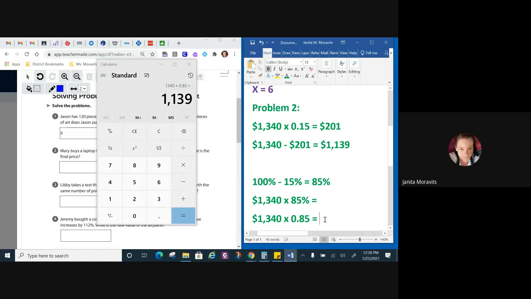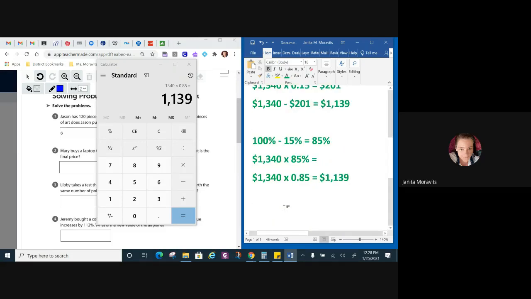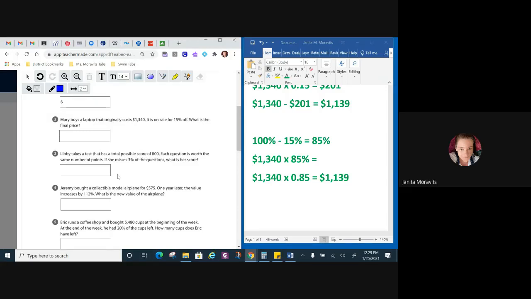So we got the same amount. You may choose which way you do problems like that. It does not matter to me. You are welcome to do them either by finding the part off and then subtracting, or finding the actual amount they paid and only doing the one multiplication problem. But that is your choice. We're going to look at one more problem on here, and then I'm going to stop the video because you will be working these on your own after that.